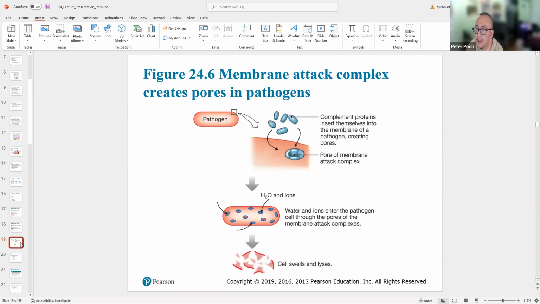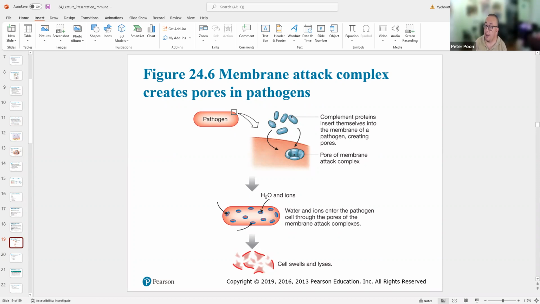This is a membrane attack complex. Complement proteins usually float around in the bloodstream at levels too low to do anything, but they're attracted to antibodies.